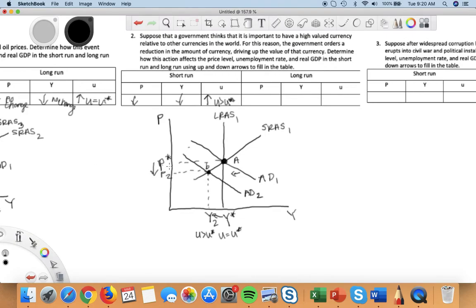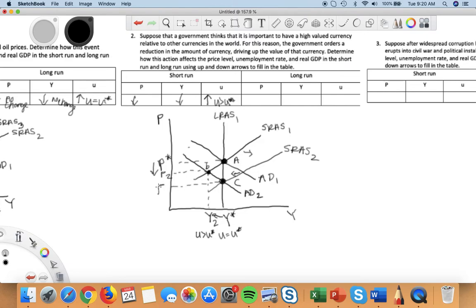So here I had aggregate demand go to the left. That means this curve is going to go to the right. So this intersection is going to be important, but the way we get there is we have to move this short run aggregate supply curve out to the right. So it goes right through there. I'll call this SRAS2. And this will be point C.